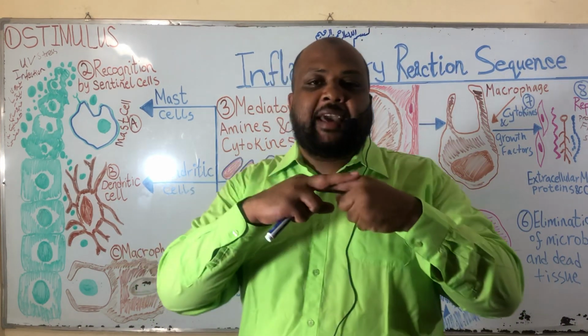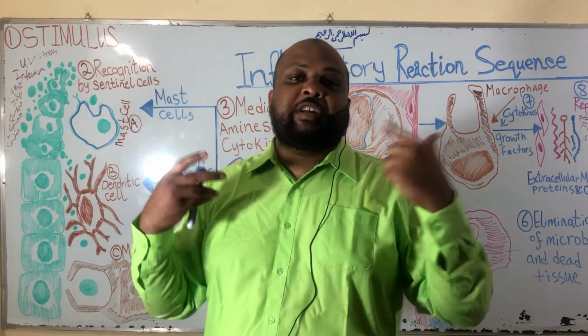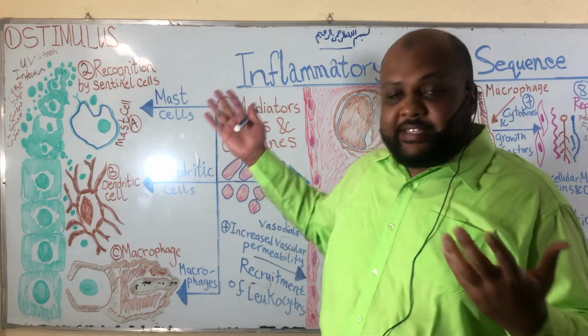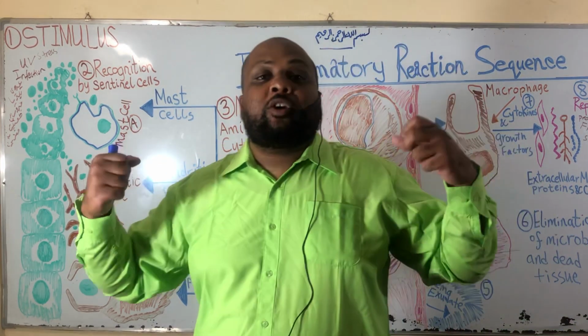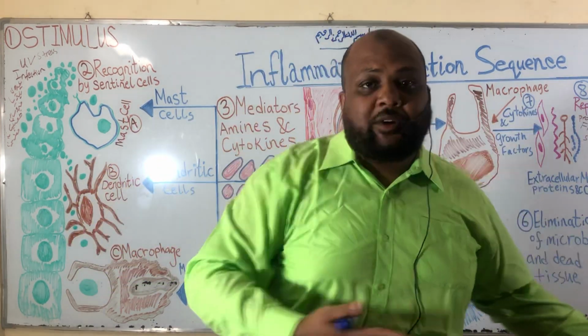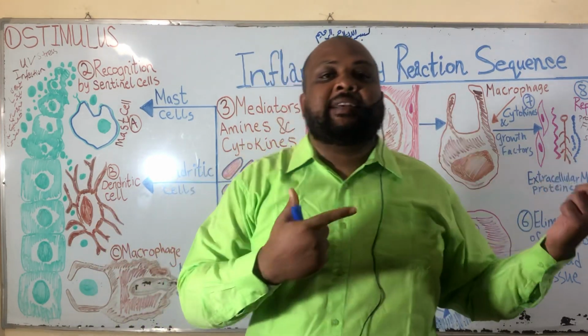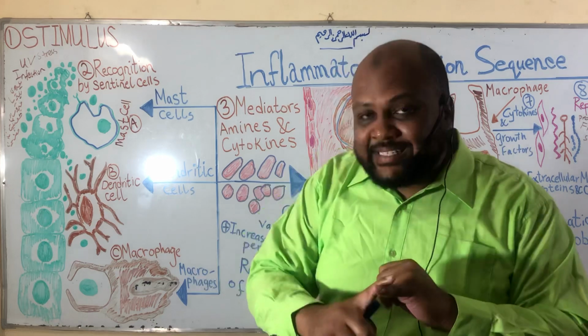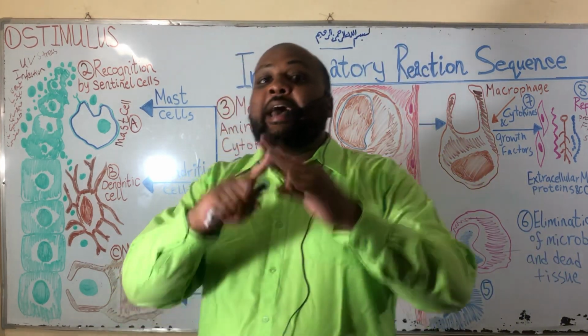They bind them mechanically, leading to the stimulation of these resident cells, these sentinel cells, and cause them to secrete cytokines. These cytokines are secreted by the sentinel cells, as I said, mast cells, dendritic cells, and macrophages.